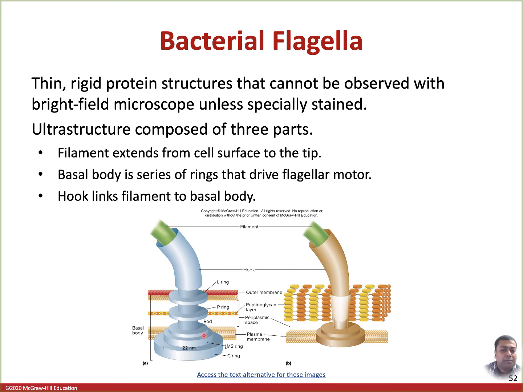So you have L, P, MS, and C rings, four rings mainly in the gram-negative bacteria. Whereas in the gram-positive bacteria, you just have an anchored structure in the plasma membrane and the peptidoglycan layer, a much simpler arrangement of the flagella.